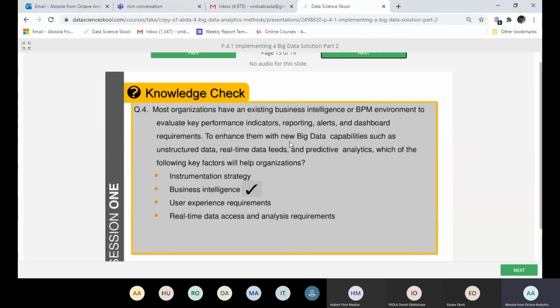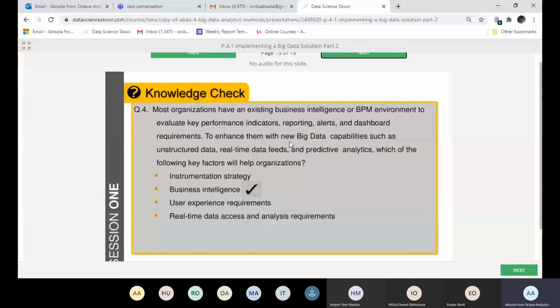So they are now telling us that to enhance them with new big data capabilities, such as unstructured data, real-time data feeds, and predictive analytics. So you are trying to open their eyes to better big data capabilities. They already have these small reporting dashboards, but you are opening their eyes to these better big data capabilities.